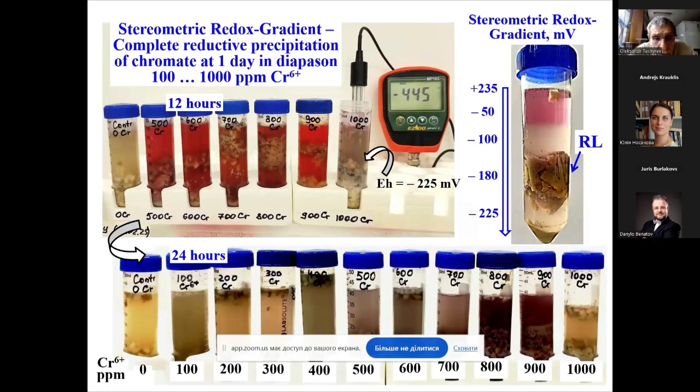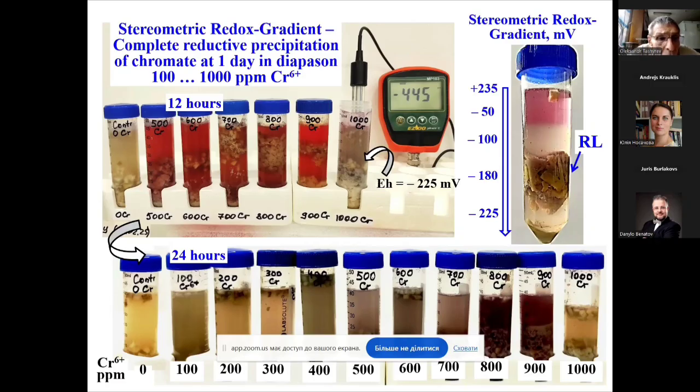And here one can see the confirmation of the effectiveness of applying this redox gradient and redox locality, because in time of full complete reductive precipitation of chromate, there was no difference between the concentration of 100 ppm of chromium 6 and 1000 ppm.